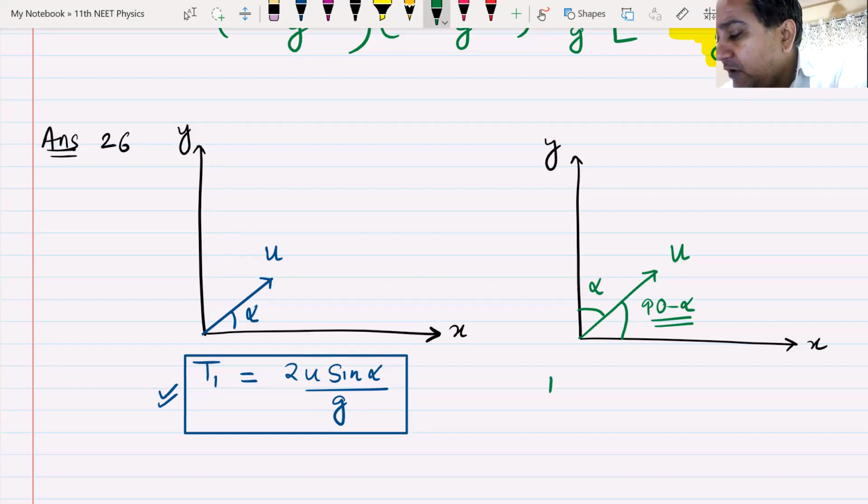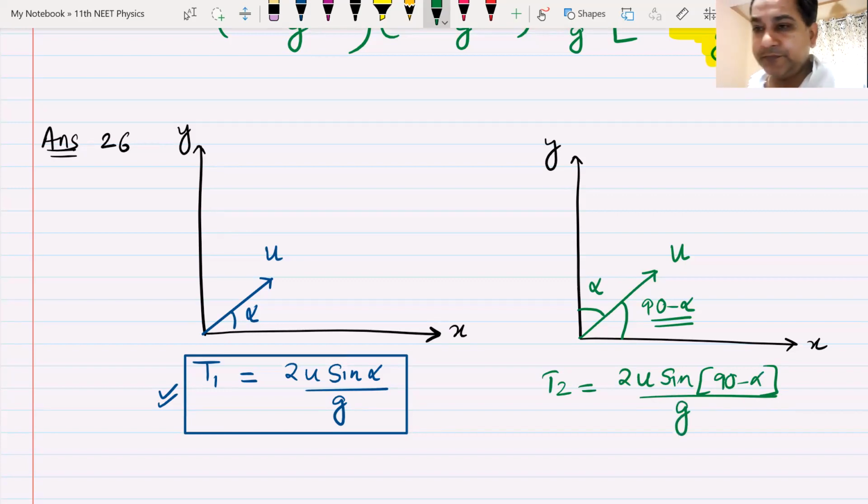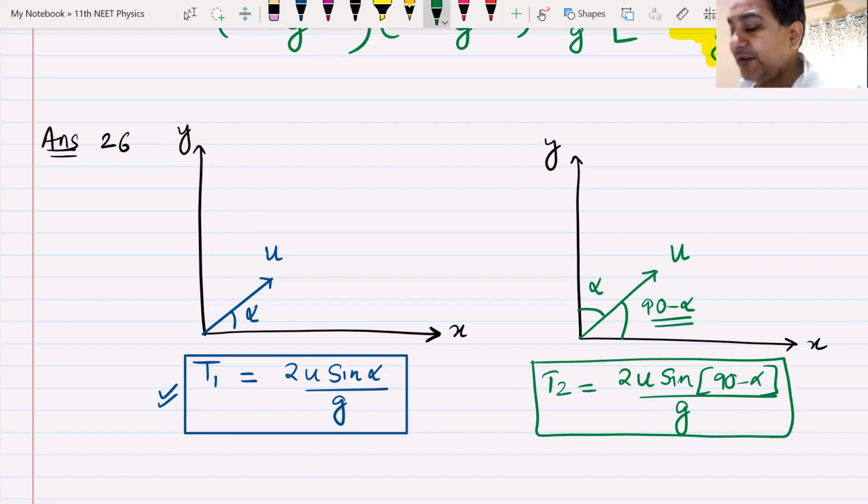Great. Now let us calculate the time period of this, the time of flight of this particle. It will be 2u sine of 90 minus alpha divided by g. Now you must know what is the value of sine of 90 minus alpha.